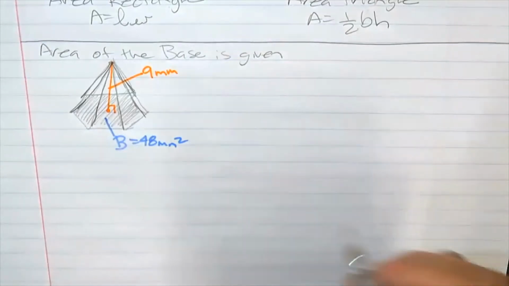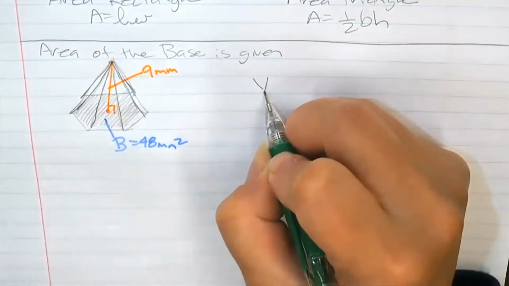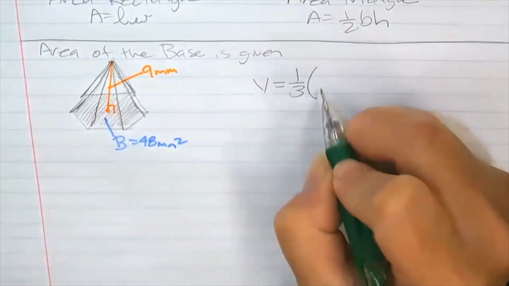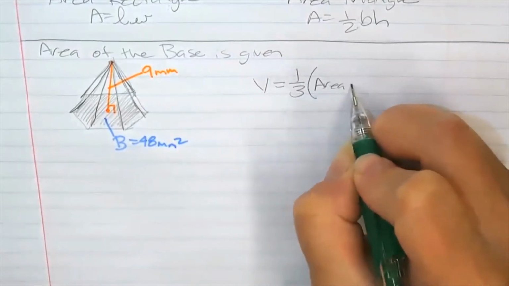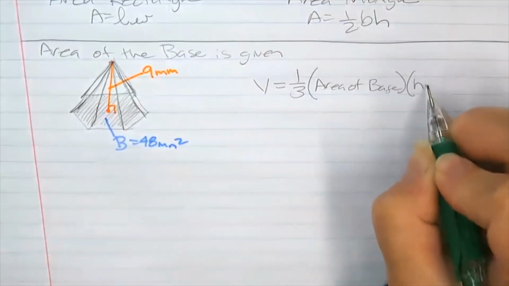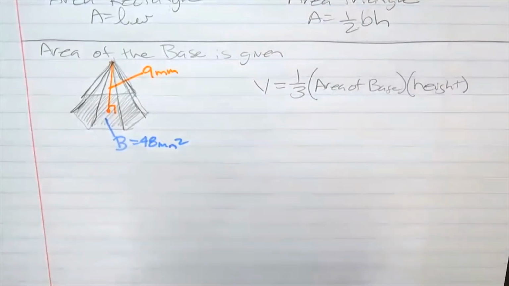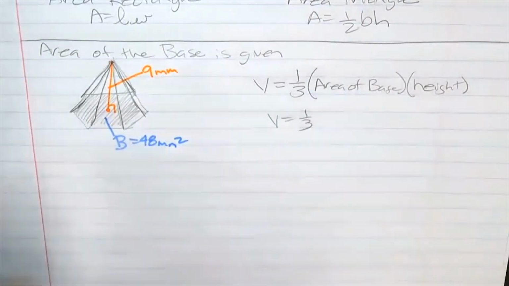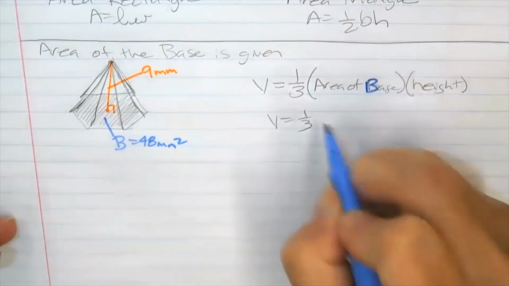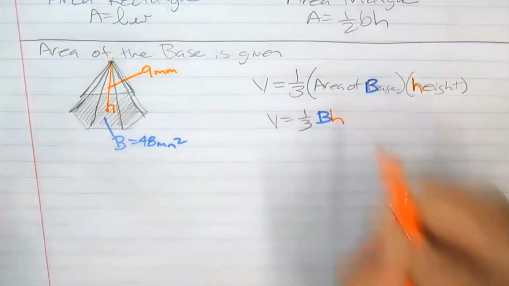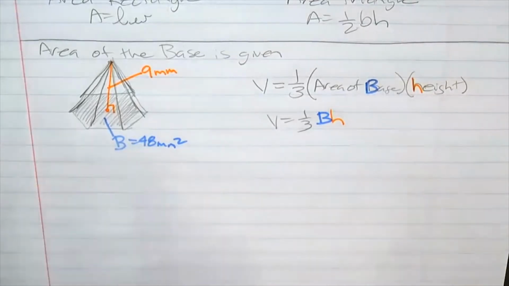So we know that the volume of a pyramid is 1/3 times the area of the base times the height of the pyramid. So the volume is equal to 1/3 the base times the height. So now it's just substitution.